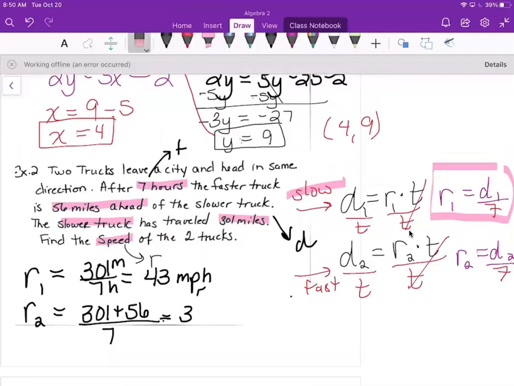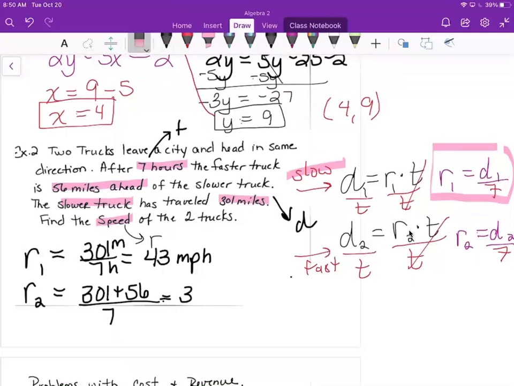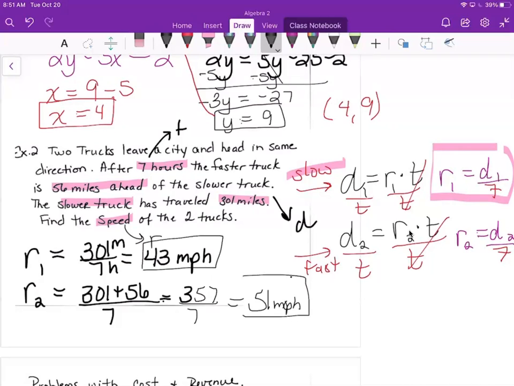That's going to give us 357 over 7, which will give us 51 miles per hour. So the speed of the slower truck is going to be 43 miles per hour, and the speed of the faster truck is going to be 51 miles per hour. And that is how to use distance equals rate times time to find the speed of 2 trucks.